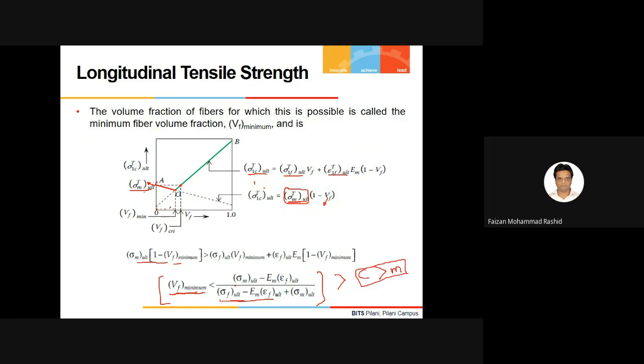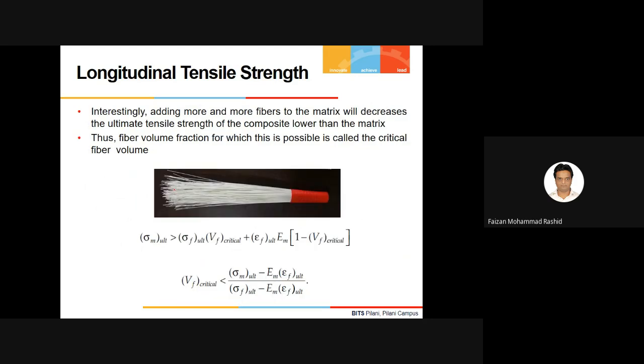This is the lower bound. Are you getting my point? Yes, sir. If we keep on increasing the fiber volume fraction, that means adding more and more fiber into the structure, do you think the strength of the composite material will increase? I got a minimum value of my fiber volume fraction, VF minimum. What will be the maximum one? Or can it go to whatever we want?